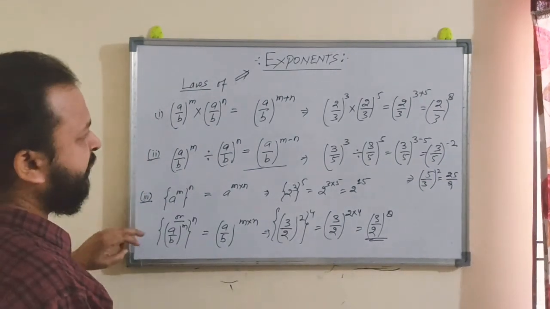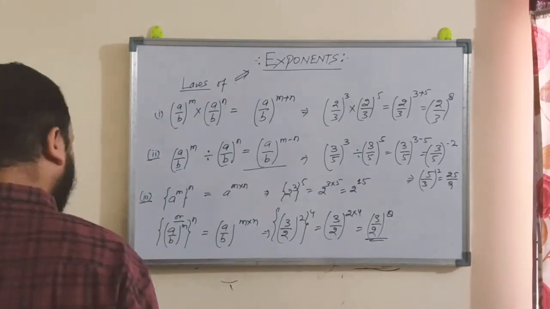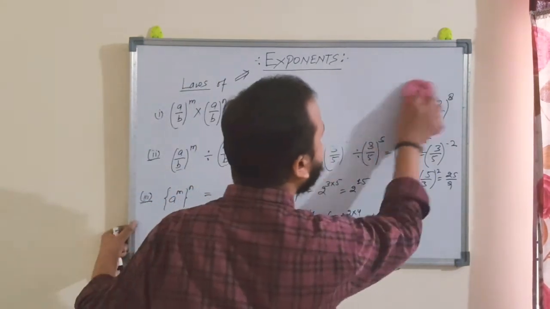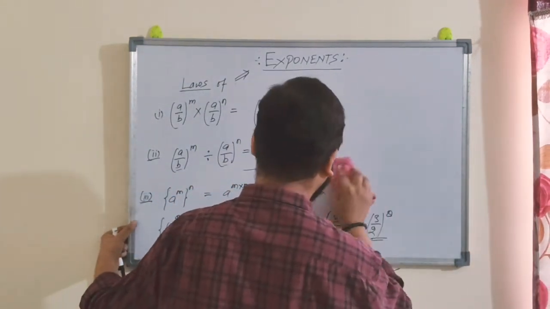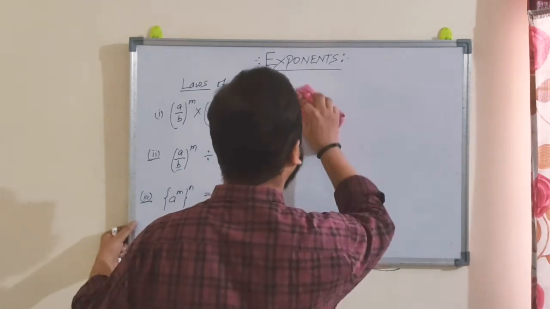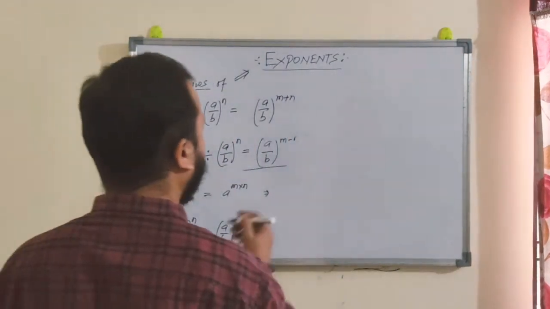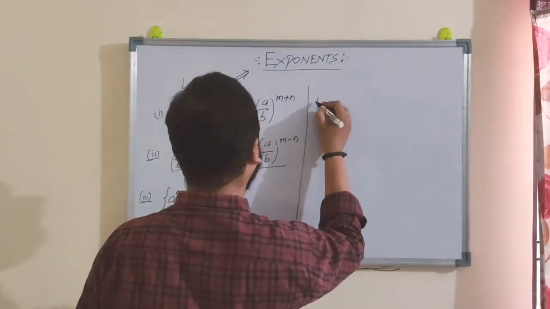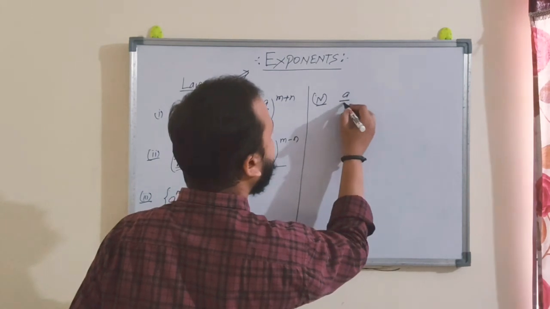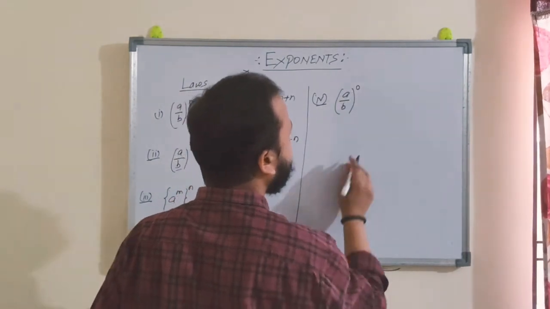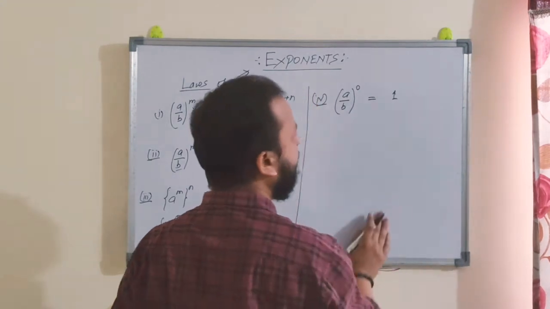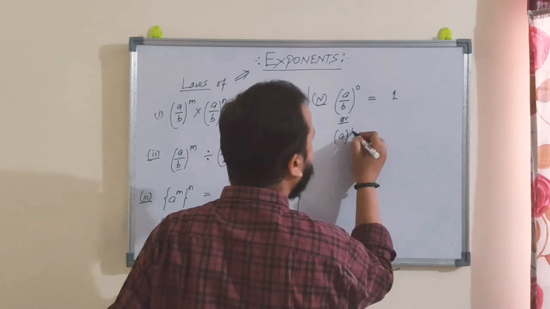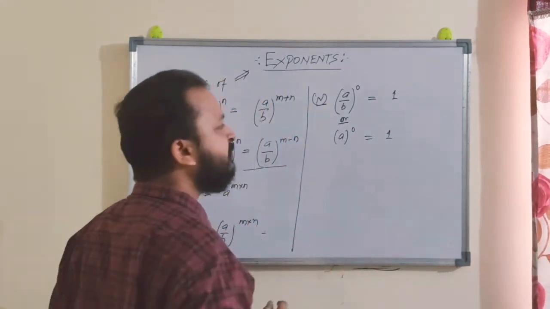So you have to write down these laws. Two more laws are left. Here I am going to write it. The fourth law is, if (a/b)^0 is given, you can simply write it as 1, or if a^0 is given, you can also simply write it as 1.